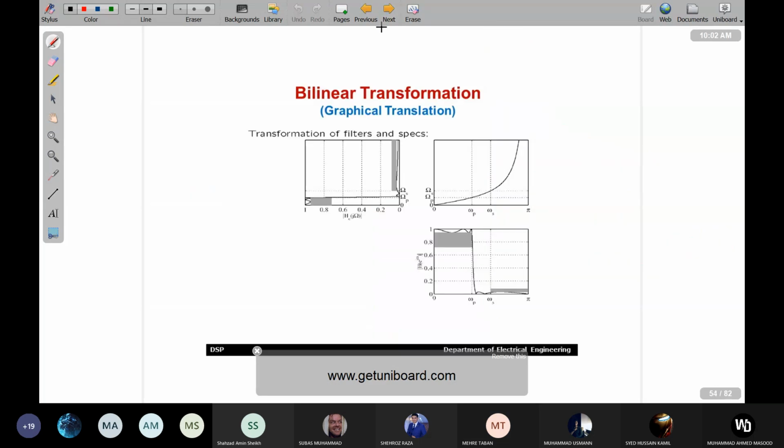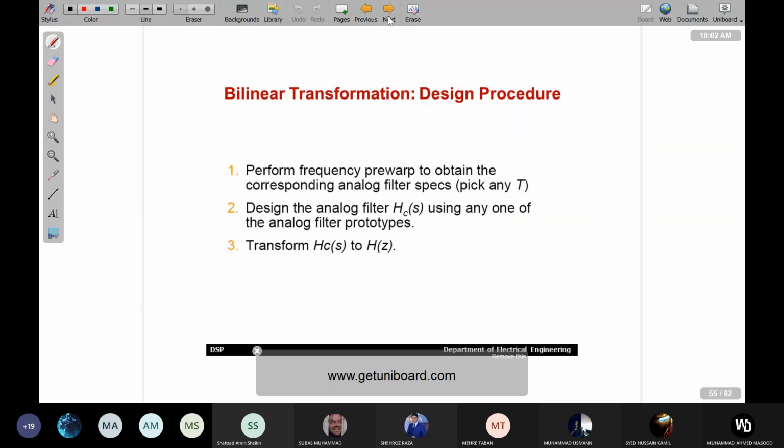Let's now relate an example to this. That's the same thing which we have already seen. Now in the bilinear transformation, you have to take care of only one thing, that is the frequency pre-warping. That is, you have to take care of the transformation, that is 2 over T. This is called frequency pre-warping, omega over 2.